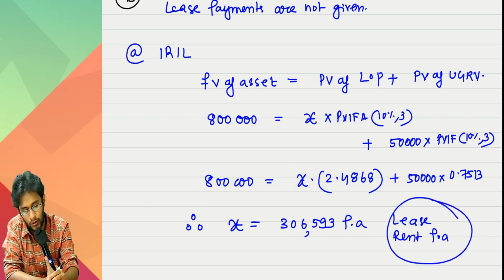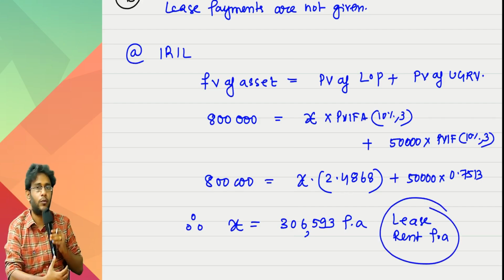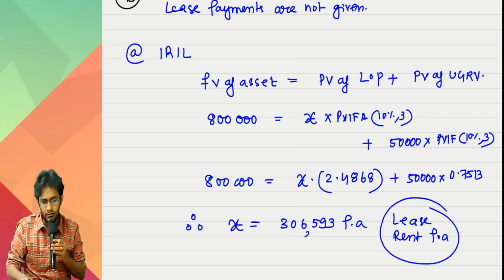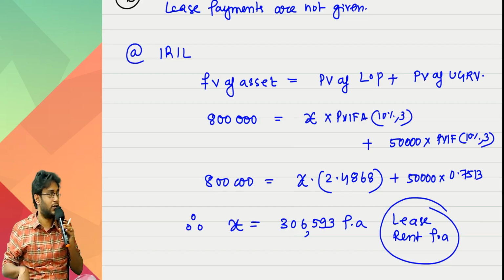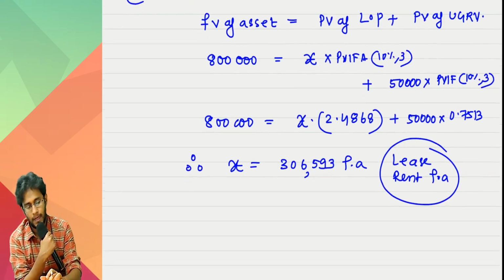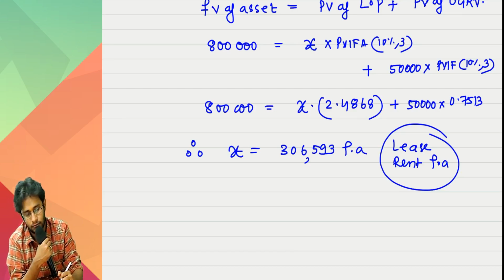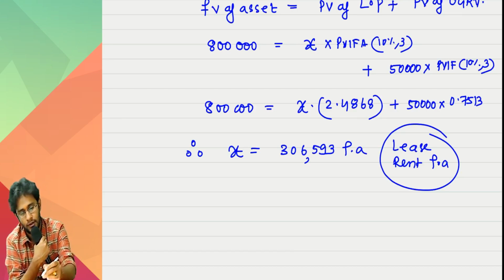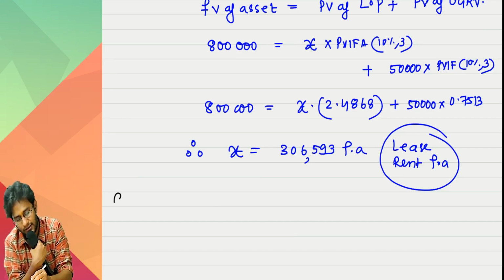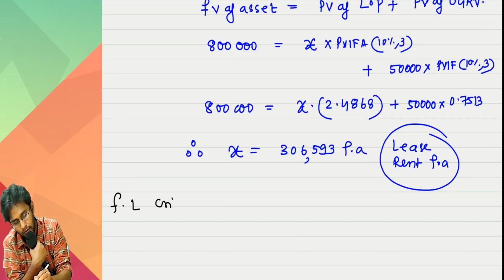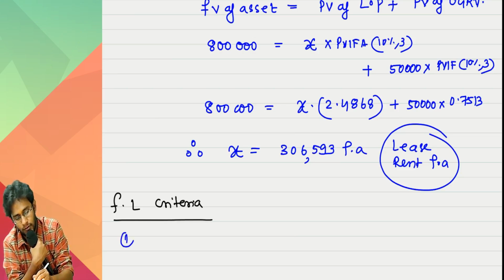Without this formula also you can work it out with the equated installment model. That also will give you the answer. Anyway, we're not interested. This is fine. Then we have to determine whether it is a finance lease or operating lease. Apply one by one all the finance lease criteria. What is the first one?